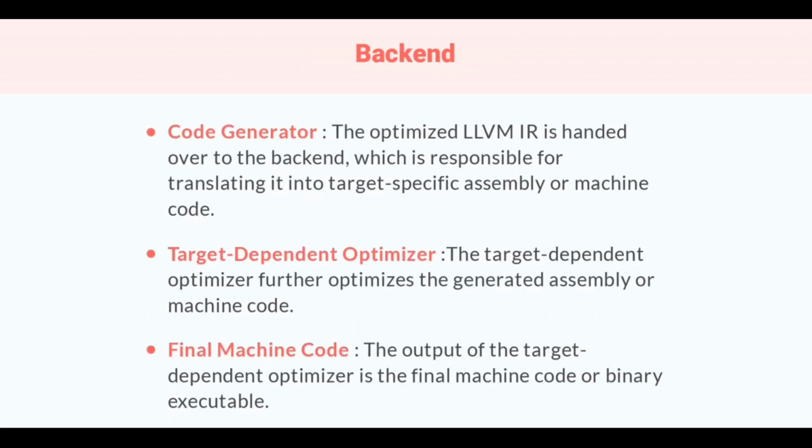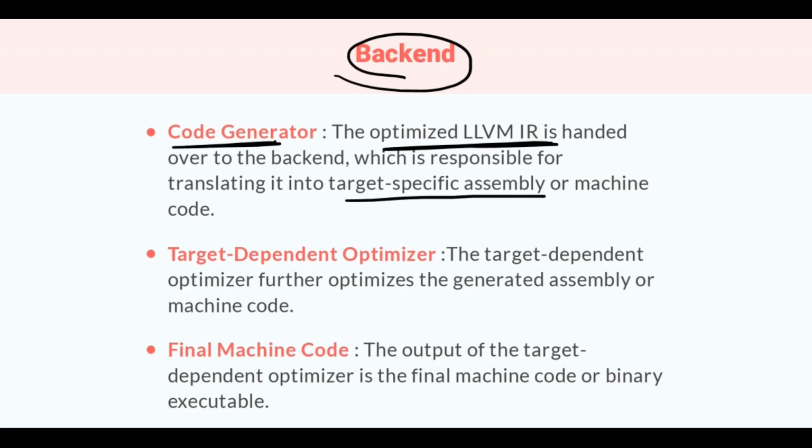So till now we got the optimized LLVM IR. Now this optimized LLVM IR will pass through the backend part. The code generator will generate the target-specific assembly code, or you can call it machine code.